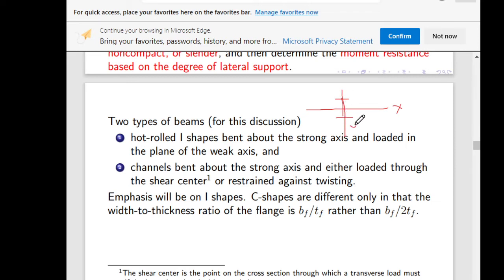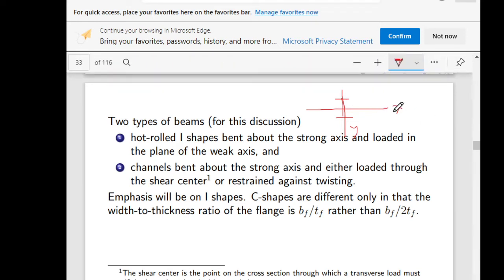The y-axis is the weak axis, and the strong axis is x.